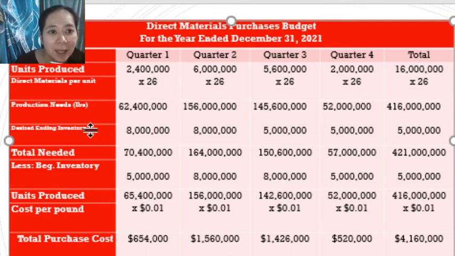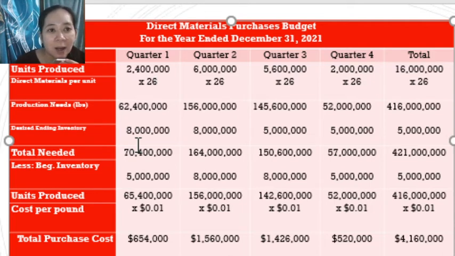The 26 is in terms of pounds of the mixture of cement, sand, gravel, water, and so on. So this is the total amount of the mixture needed, in pounds, for the first quarter. Next, we will add the desired ending inventory.